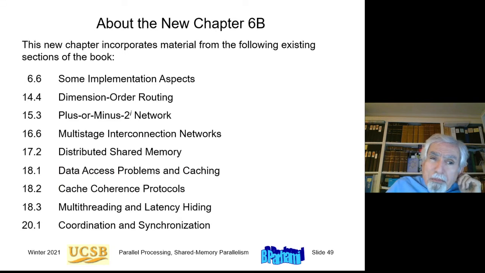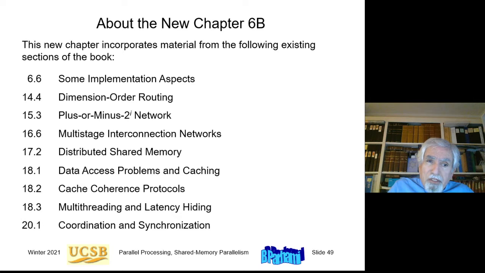Now this new chapter 6b consists of section 6.6 in the original chapter 6, plus a whole lot of material from later chapters in the textbook that in this reorganized design of the book now fall in chapter 6b.